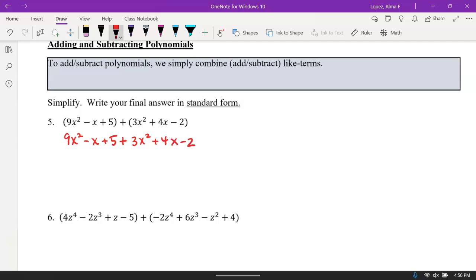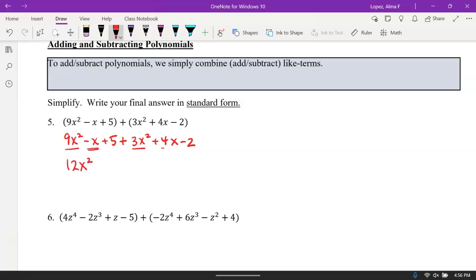This happens anytime that you're adding. When we subtract, it's a little different, and we'll make a big deal about that in just a little bit. But at this point, to add and subtract polynomials, once you get rid of all the parentheses, all you're doing is collecting like terms. I've got 2 squared terms, so 9 of those and 3 of those add up to 12 of those.